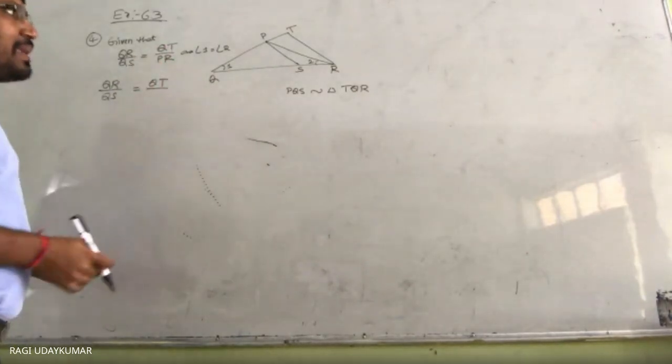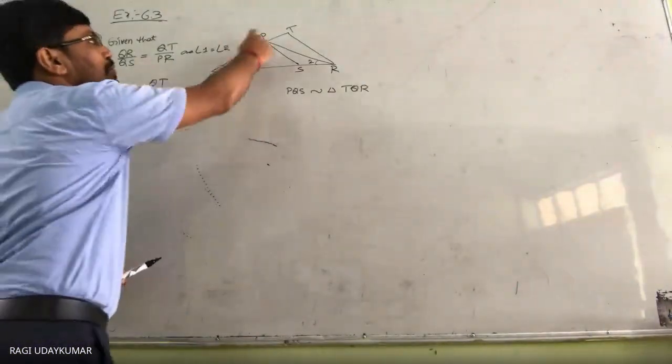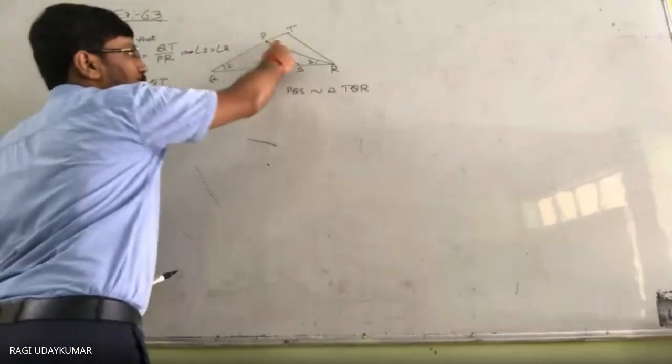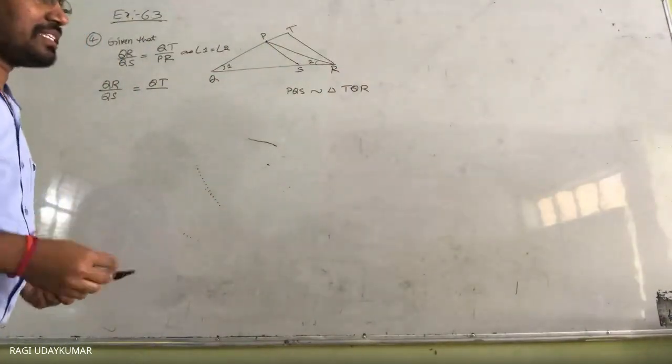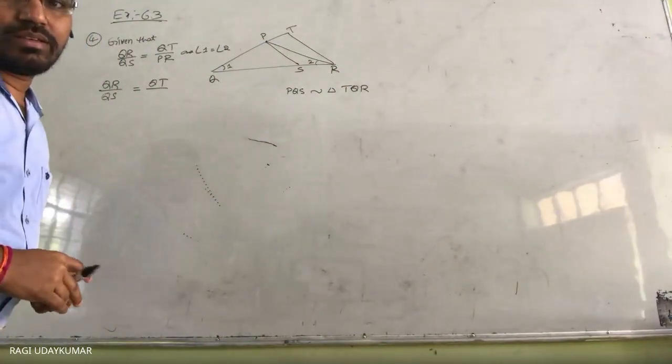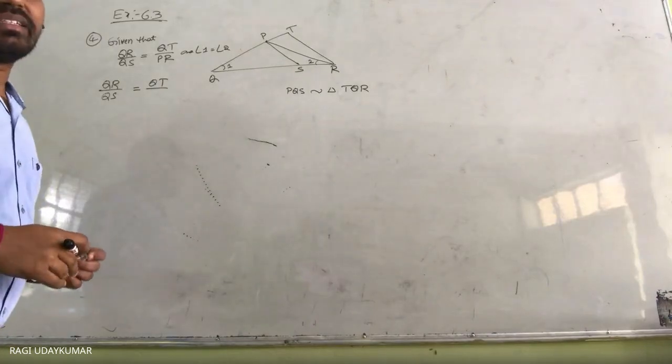But instead of PR, if we had QP in the place of PR, then the two triangles given to you would be similar. Why?